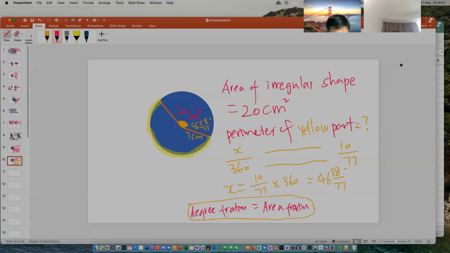By the way, the question asks for this part. So you need to take 360 degrees minus the 46 and 58 over 77. Then you will figure out the degree here, the red one.